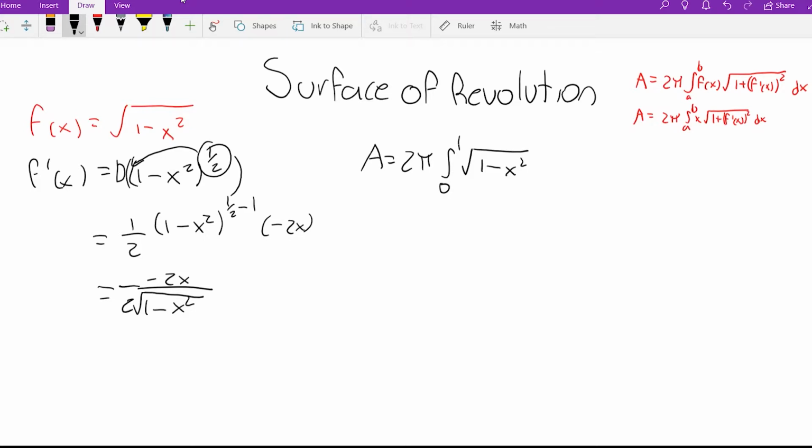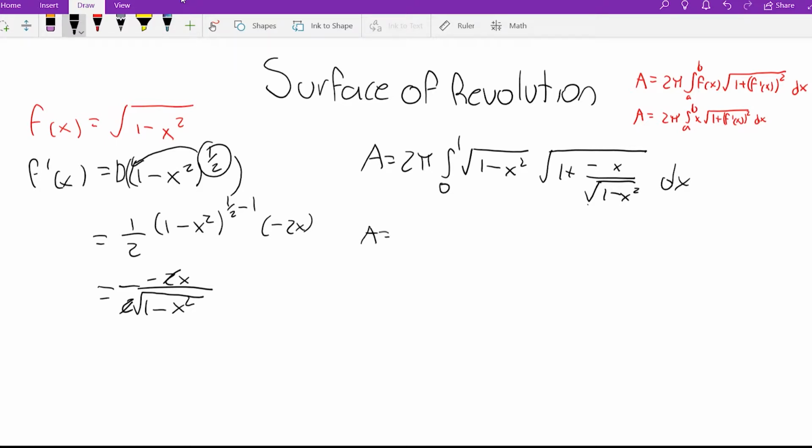We close the square root of 1 plus minus 2x over, we could cancel out these 2's, so it is going to simplify to minus x over the square root of 1 minus x squared, squared, times dx.